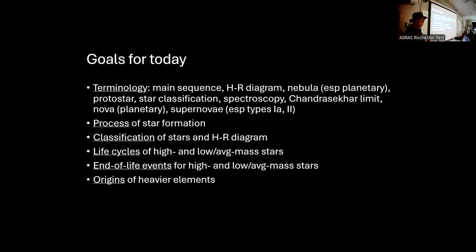And we're going to look at the process of star formation, the classification of stars, and the HR diagram, which we'll talk about in greater detail. Life cycles of high and low average mass stars, and end of life events for high and low average mass stars. And finally, we'll touch upon the origins of the heavier elements that we see here on Earth and elsewhere in the skies.